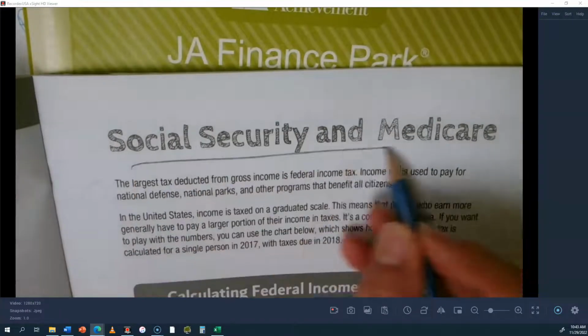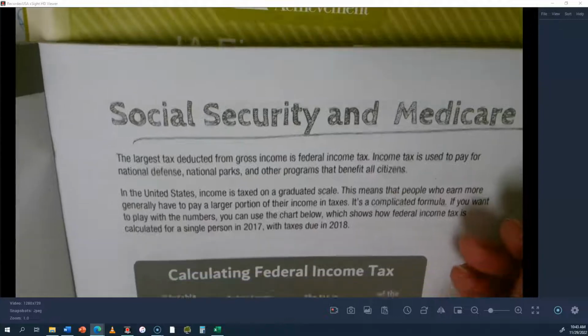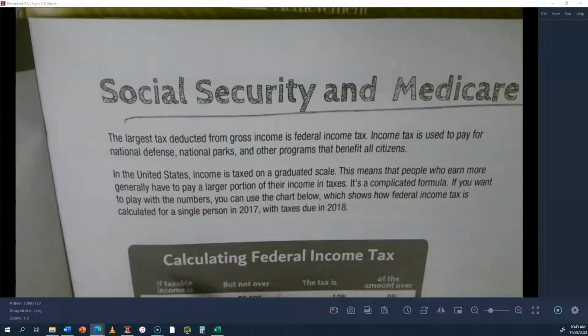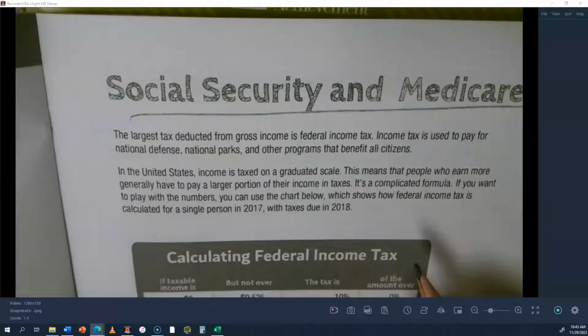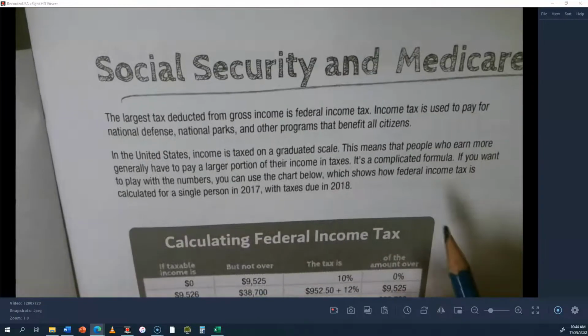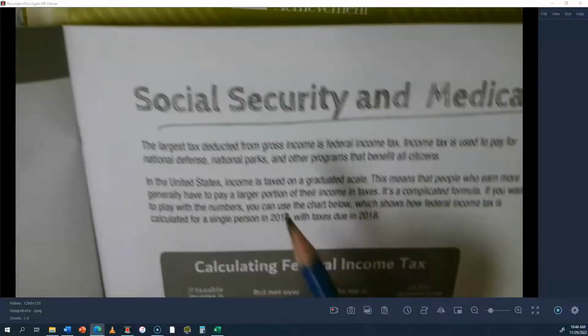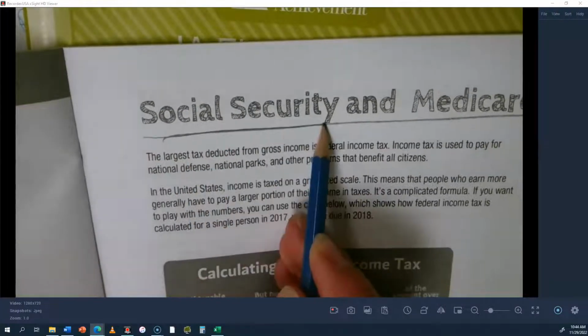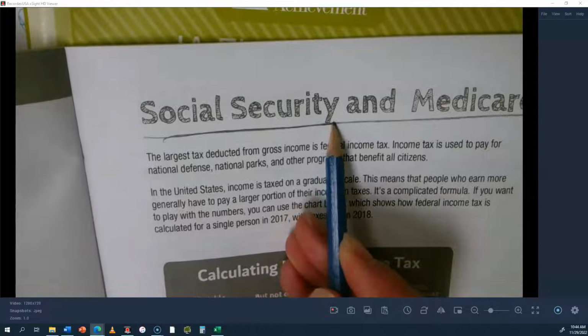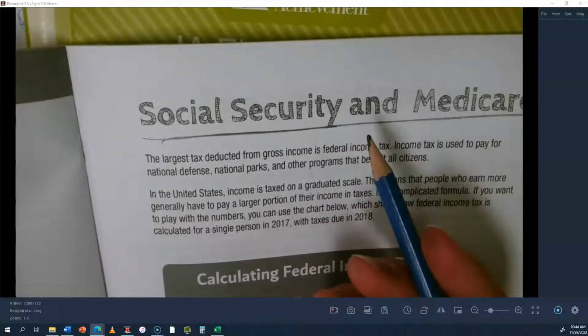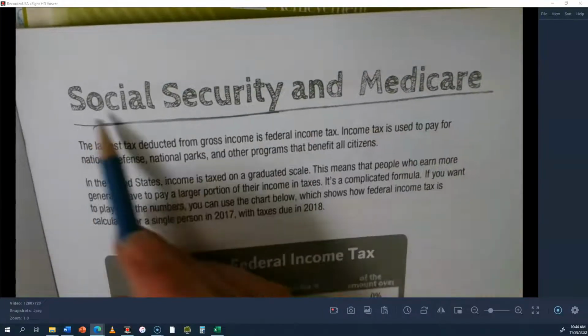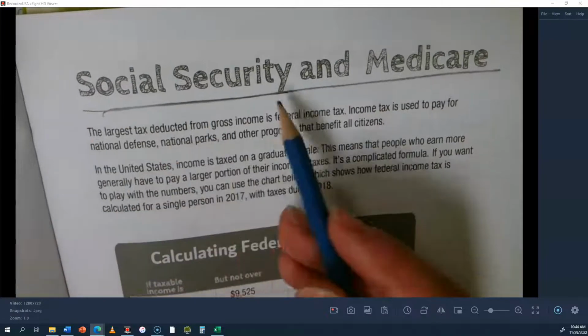On the page it says Social Security and Medicare, right? So that we know how much we have to take out of our taxes so that the federal government can run, which is income tax, right? The other kind of tax we have are Social Security taxes. That helps take care of people who can't work anymore or who are retired, of retirement age.